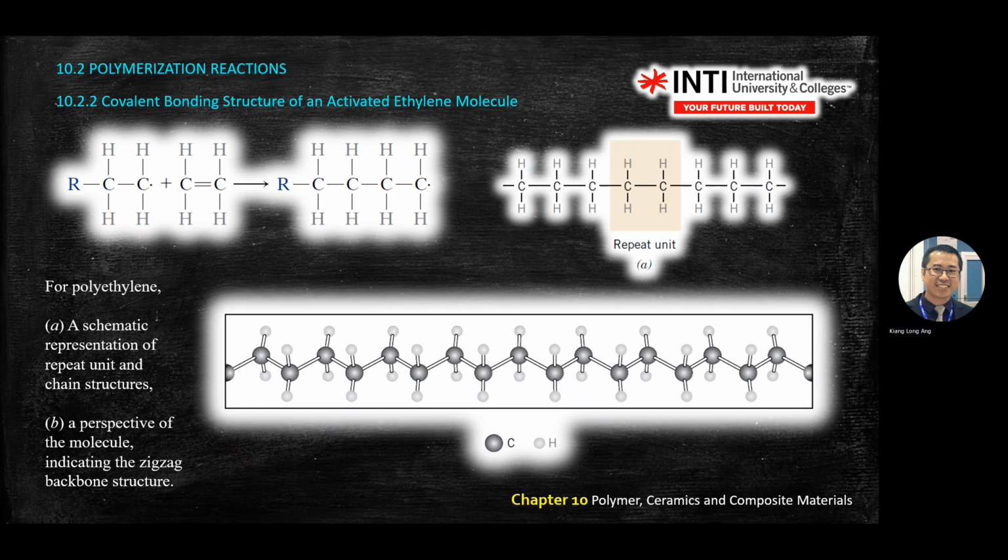Or if you're lazy to write this one, you can just simplify with the bracket and then put an n there. So what is repeating here, you put inside here. So for example, the repeating unit is C, C, H, H, H, the bracket, n at the bottom.